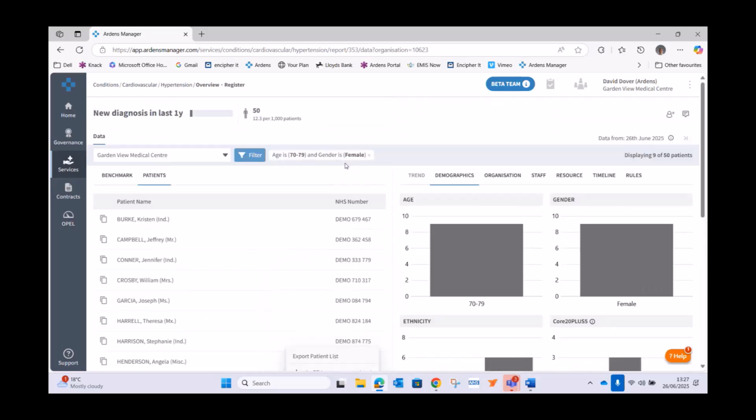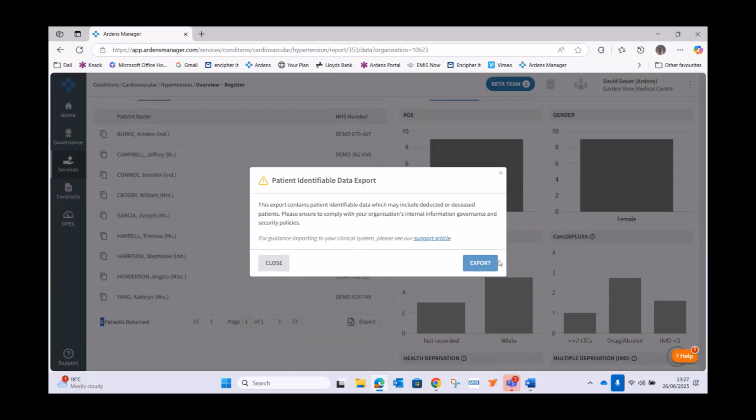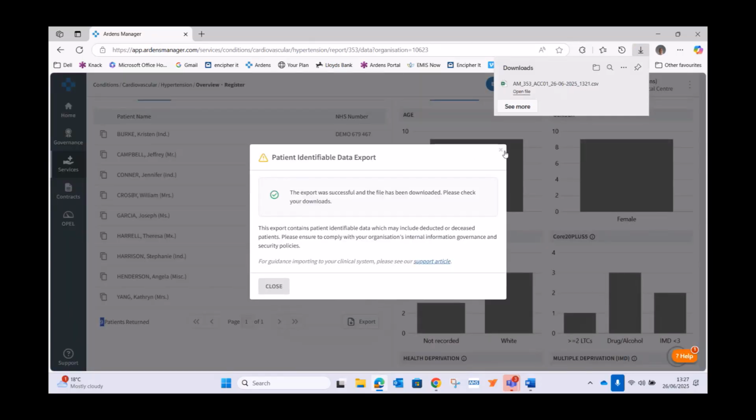I've filtered out what I need. These are my priority. I'm going to export that as a CSV. And obviously what I could then do subsequently is take that information, that list of patients, into Accurx, for example, and batch invite all of those patients in to see the practice nurse, to have their bloods done, whatever the case may be.